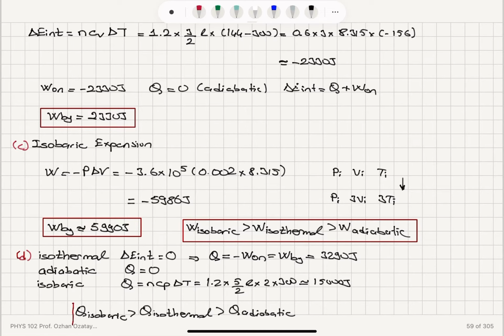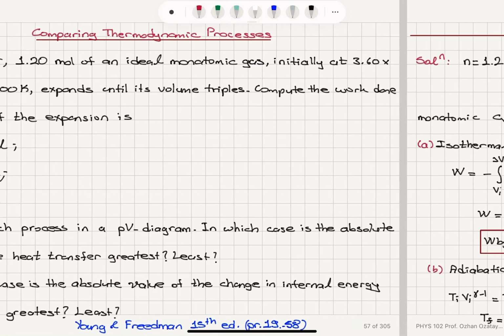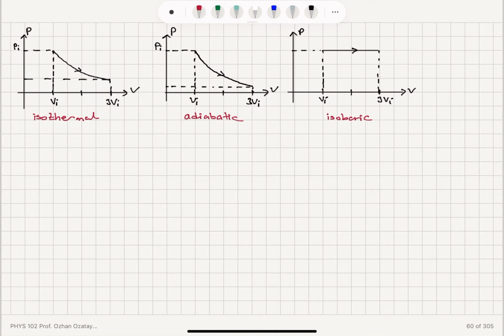Okay, so I have to make this my final answer for this part. And let me check. D: show each process in a PV diagram and talk about the absolute value of heat transfer. Now I have to also show these in a PV diagram.